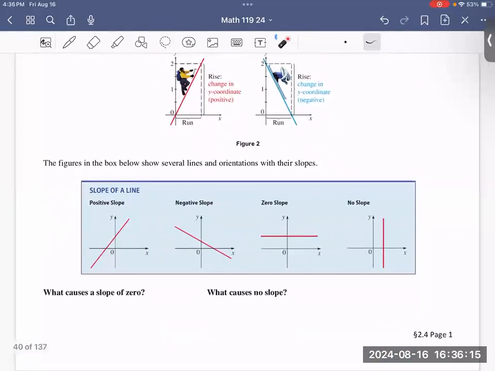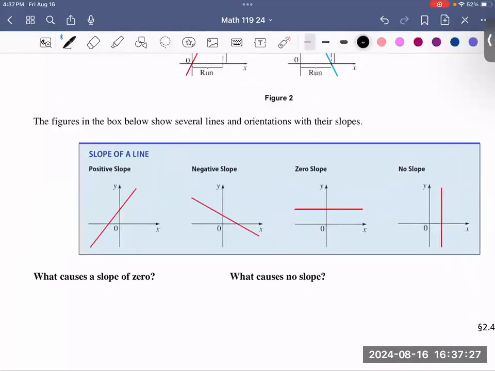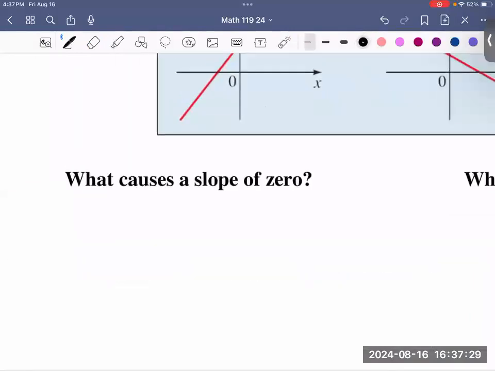Now below we have the different orientations of lines. So we can have positive slopes, negative slopes, a zero slope, and no slope. Now, what causes these slopes to be zero? Well, keep in mind, we're talking about slope being the change in your Y over the change in your X. So what causes your slope to be equal to zero?